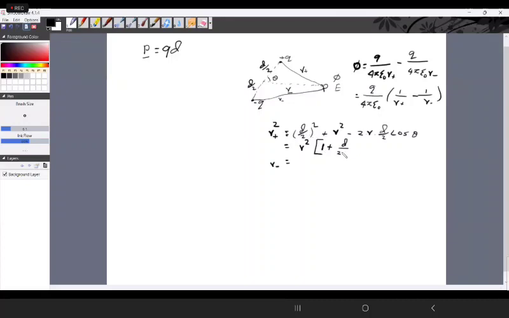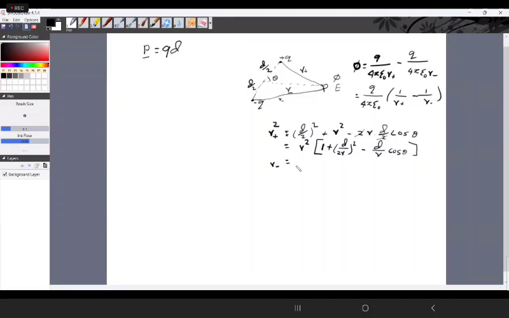Then minus, the 2s cancel, and again dividing by r squared, r to the power 2 cancels, so we have d over r cos theta. Is it clear? If you have any doubt with this mathematics, just ask me.